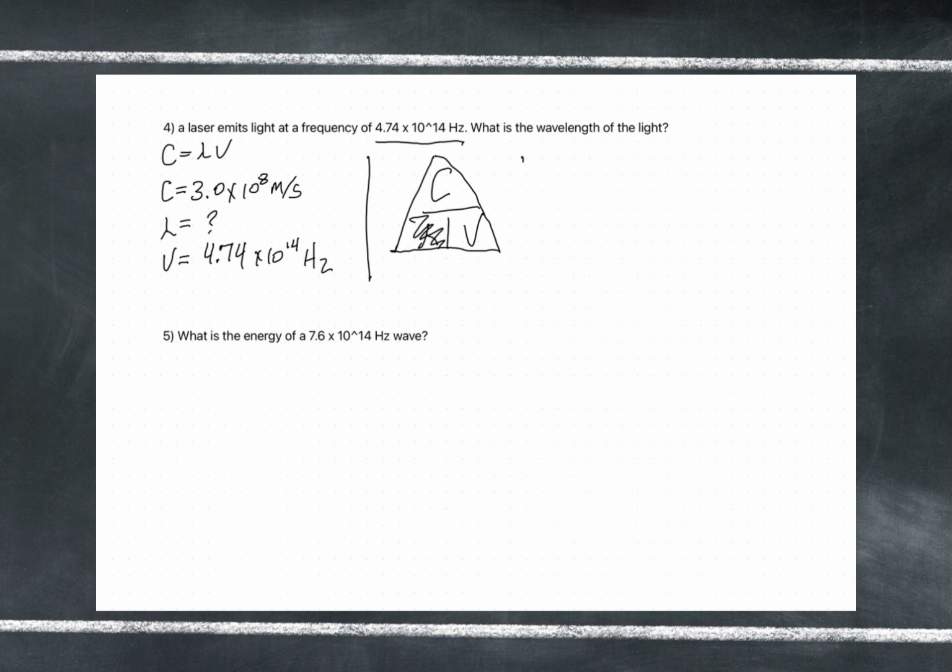So we take our speed of light, 3.0 times 10 to the 8th, divided by our frequency, which is 4.74 times 10 to the 14th, and that's going to give us a wavelength of 6.33 times 10 to the negative 7th, and wavelength is in meters.